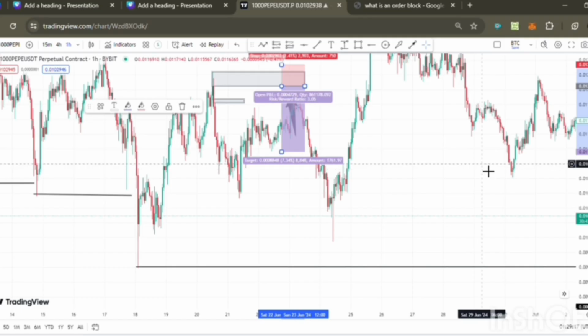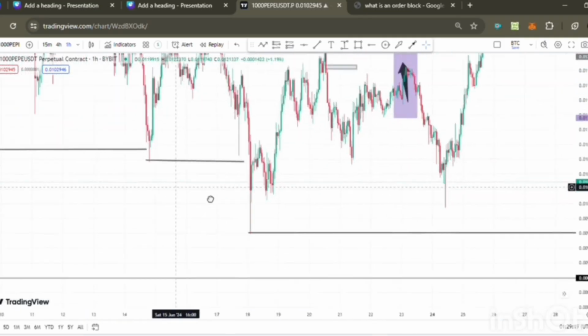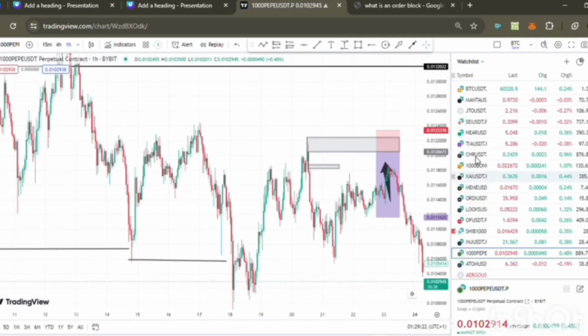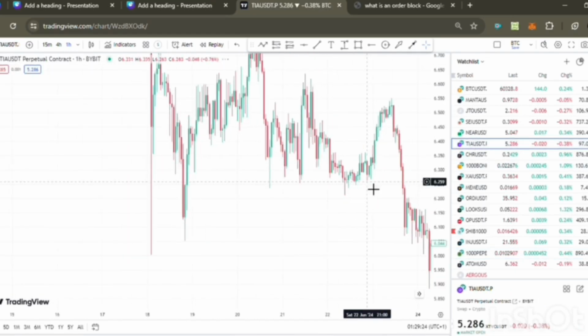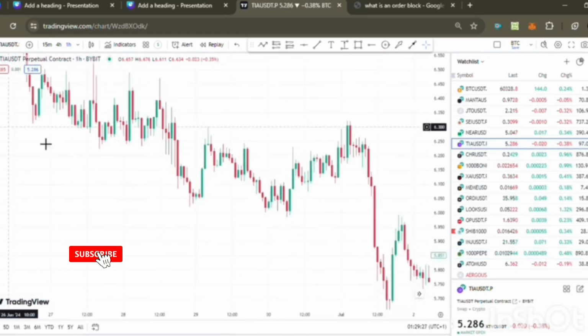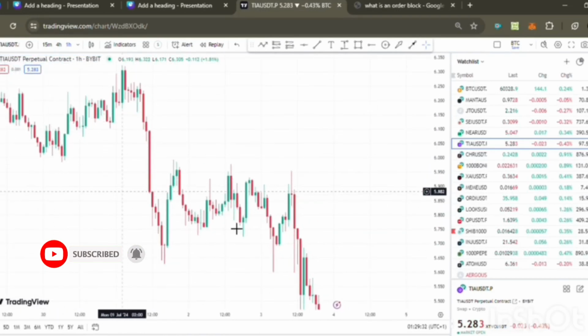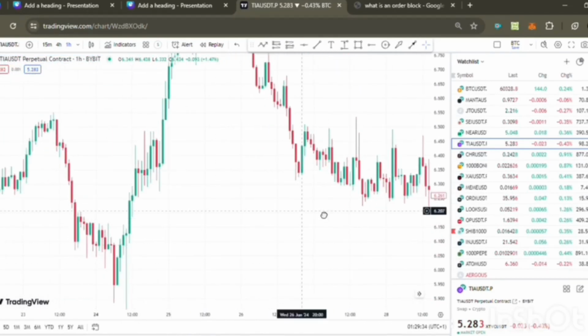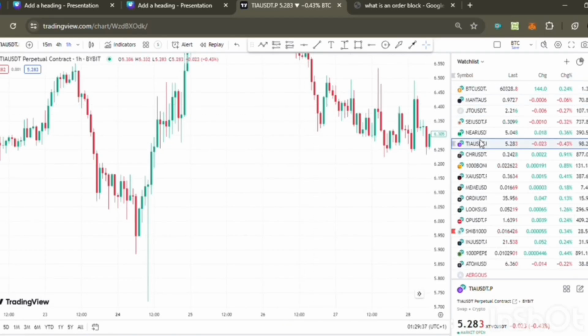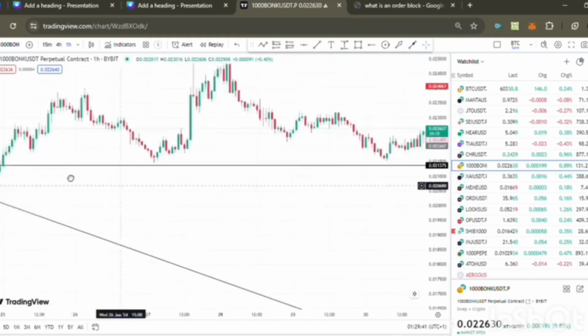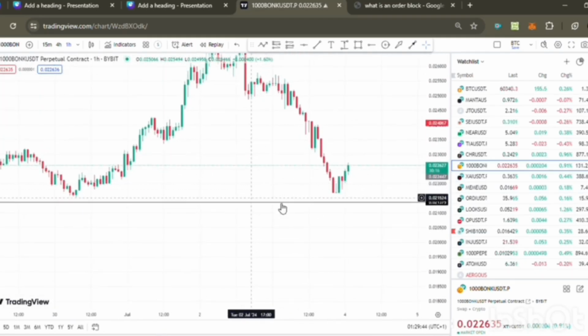Normally, let me find something. Let me go to another chart to show you. Areas of liquidity. There is too much liquidity in the market, so you need to make smart, informed decisions so that you will not be used as liquidity exit.